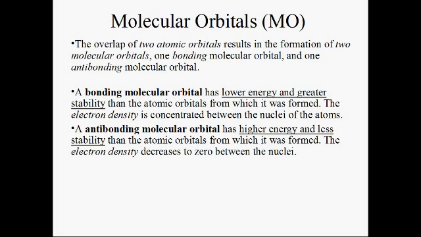So when we blend together two atomic orbitals, we're going to get two molecular orbitals, one bonding, one anti-bonding. Filling up both the bonding and anti-bonding, the molecule will have zero energy, meaning that it is not connected and it will fall apart.